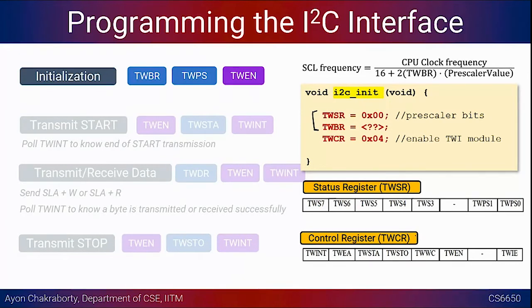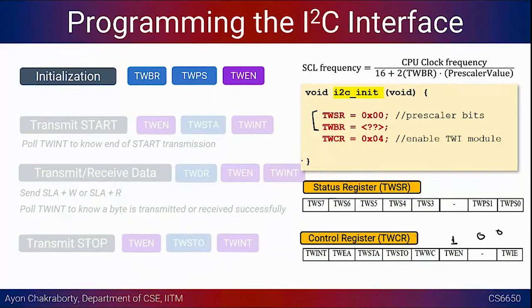So within the TWCR you are going to write the value of 1 here, right, and the rest could be 0 depending on our application, whatever we want to do at this point in time. So we have written a value of 4. And next we want to do the transmission of the start condition, and we need to poll the TWINT register till we know that the start condition has finished, right?